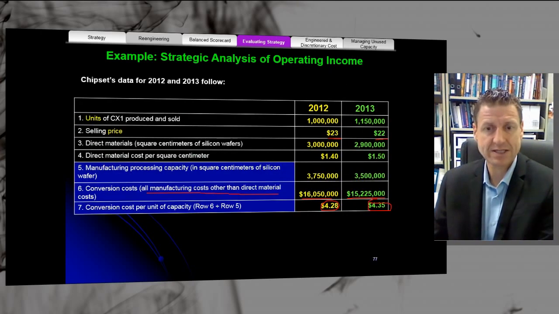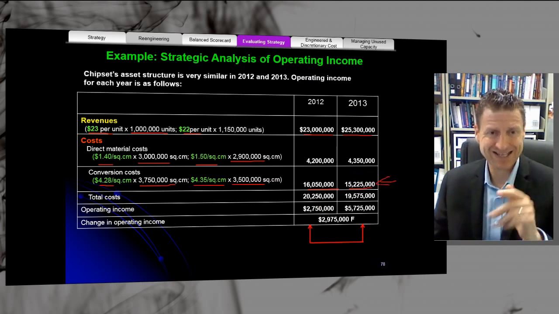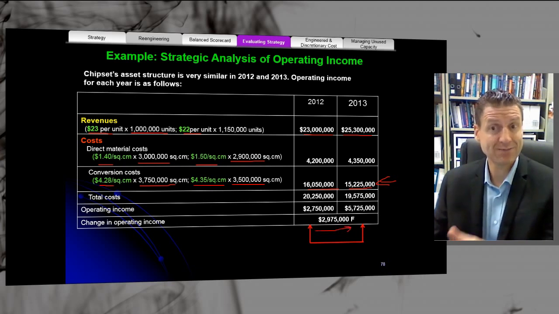There you have the 16 million and the 15 million here. Basically it's the same as what we've got here. Yes, so total cost, operating income, change in operating income. Now, is the change in operating income good or bad? Actually, operating income has improved a lot. We're doing very, very well from 2012 to 2013.